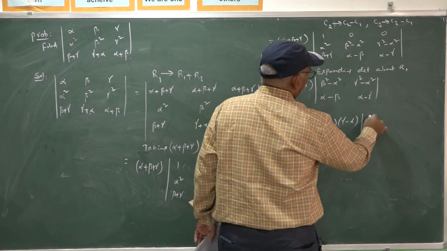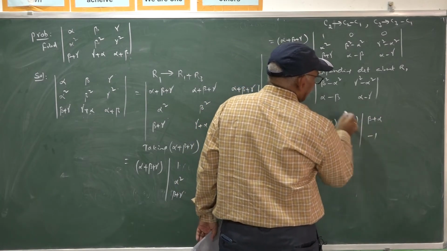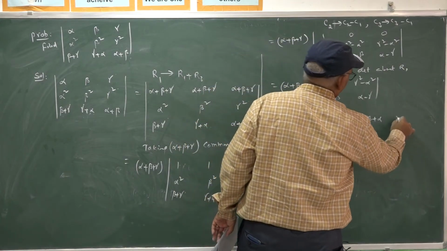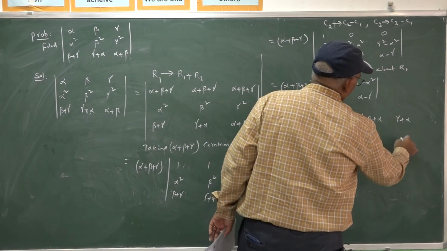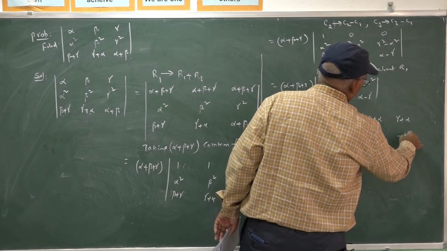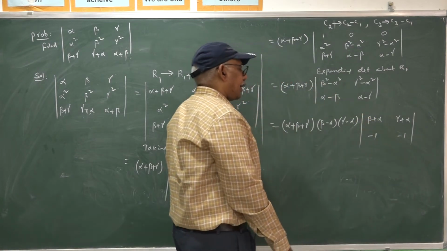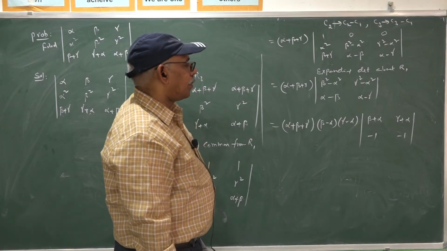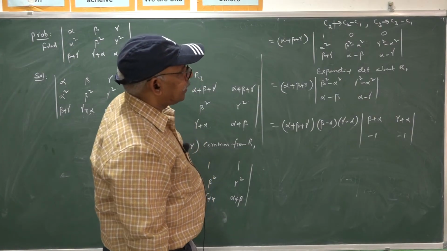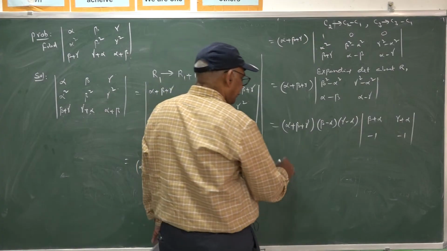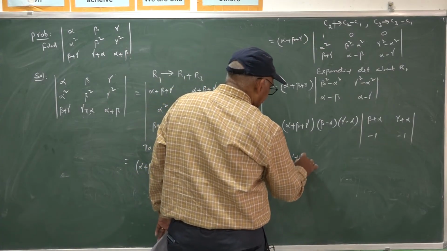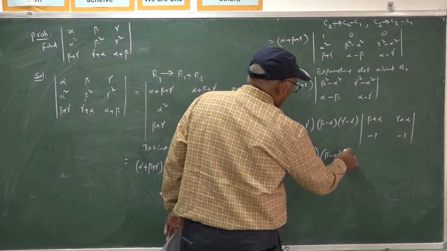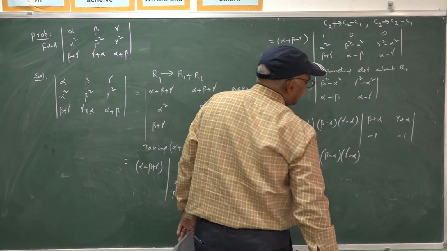We get beta plus alpha minus 1 here because here is alpha minus beta. Here we get alpha plus gamma. Here is minus 1. Taking beta minus alpha from the first column and gamma minus alpha from the second column as common, this is alpha plus beta plus gamma into beta minus alpha into gamma minus alpha.